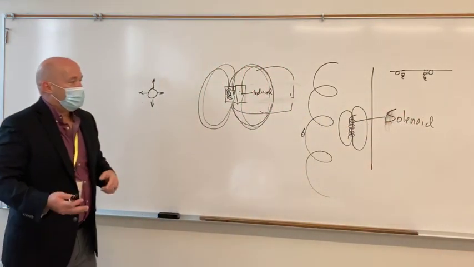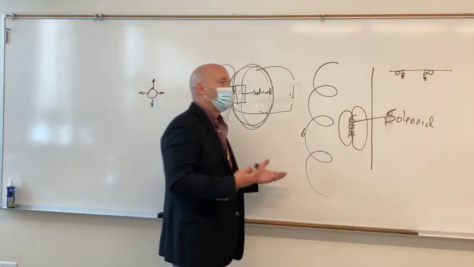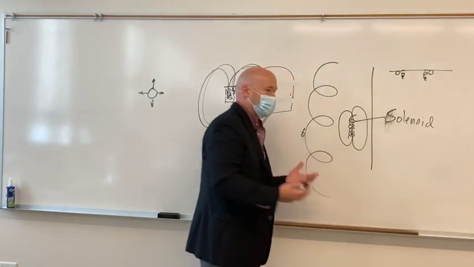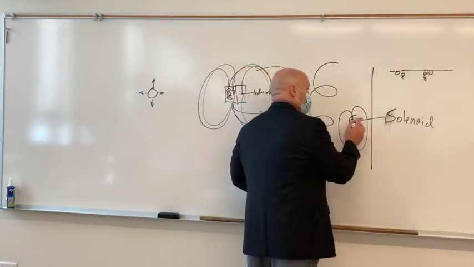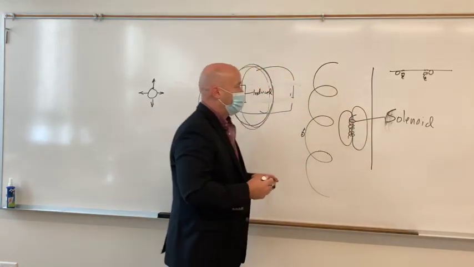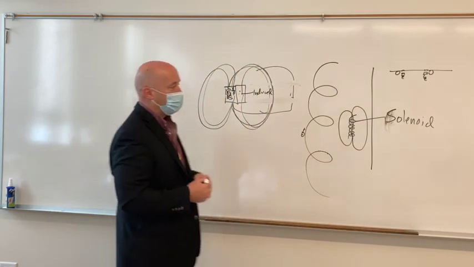But a solenoid, again, because we're using electricity supplied from the power company to create this magnetic field, we can make it very, very powerful in a couple of different ways, and primarily in one way.